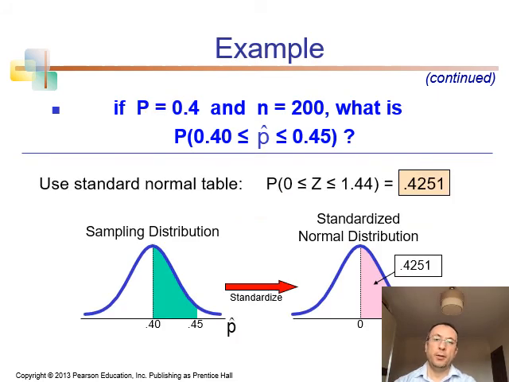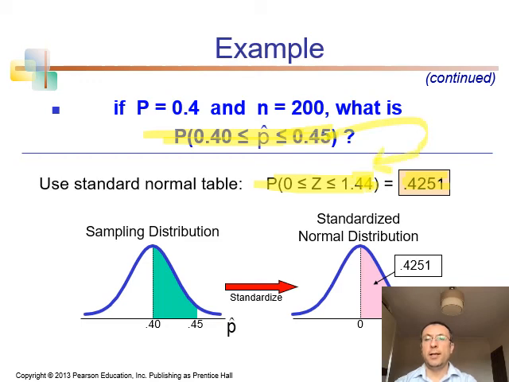And for this one, the probability that Z is between 0 and 1.44 equals 0.4251. So we started with this question, the sample proportion probability to be between 0.4 and 0.45, and then we converted this into this problem.